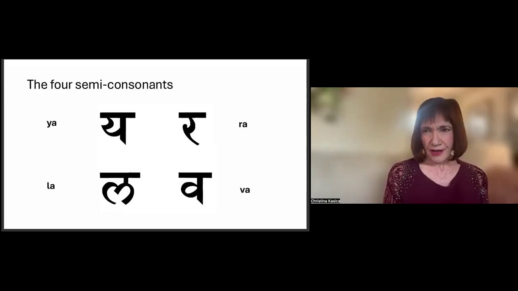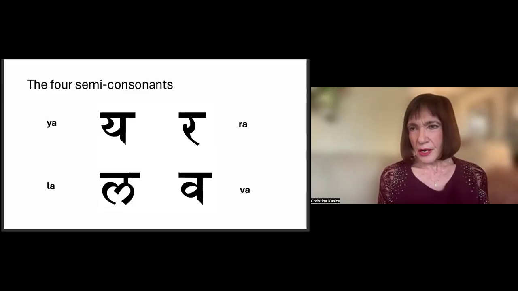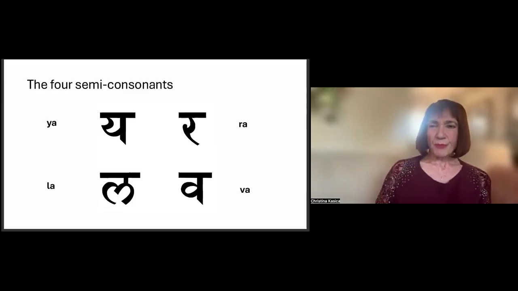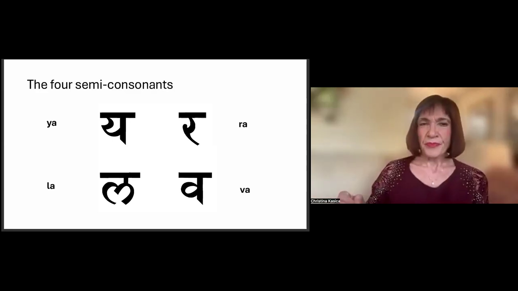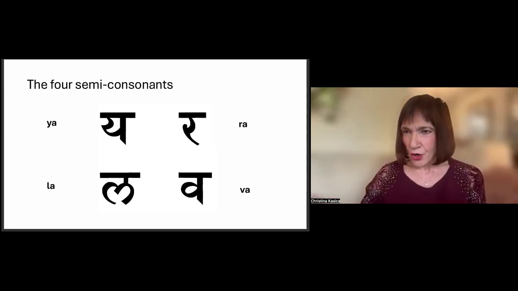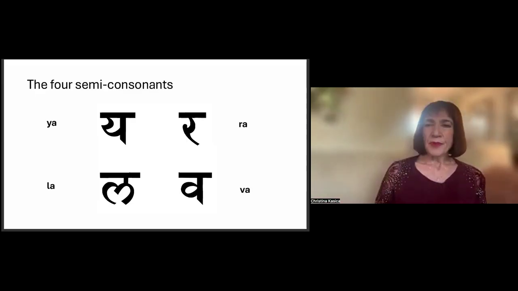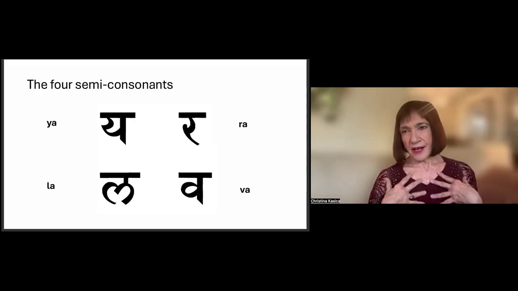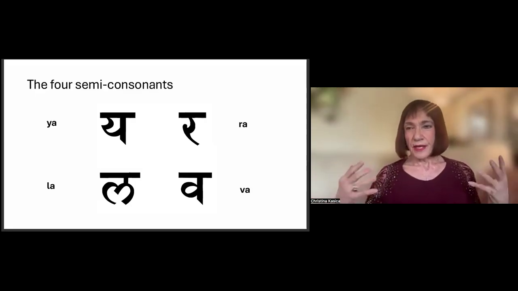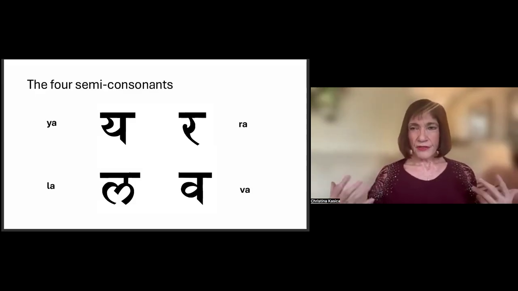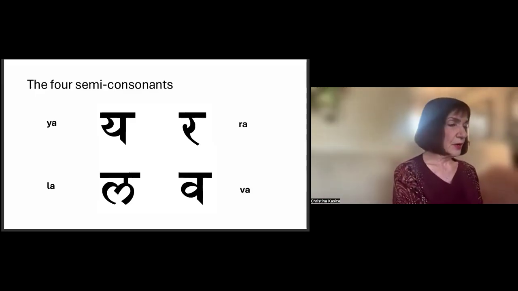I like to think of that American idiom because these four semiconsonants are ya, ra, la, va, which, with a little bit of a Brooklyn accent, from New York City, is "you're a lover," yara lava. So to me, that's an easy way. I like silly mnemonics, as you may have seen. An easy way to remember the four semivowels in the correct order. Yara lava.